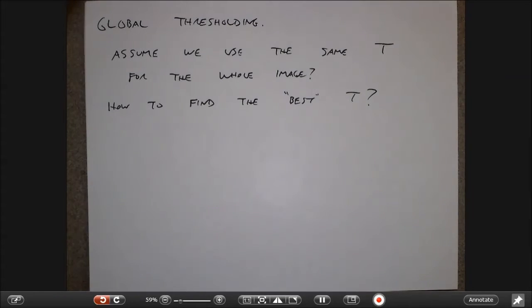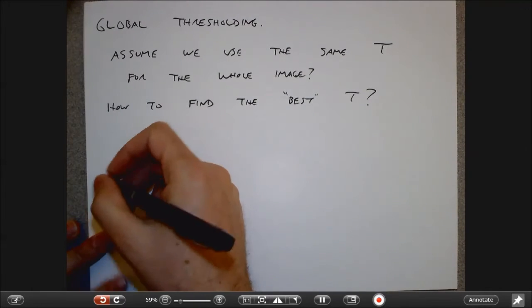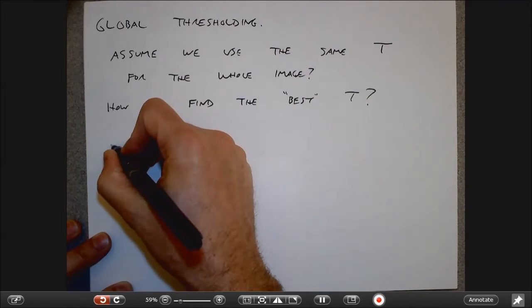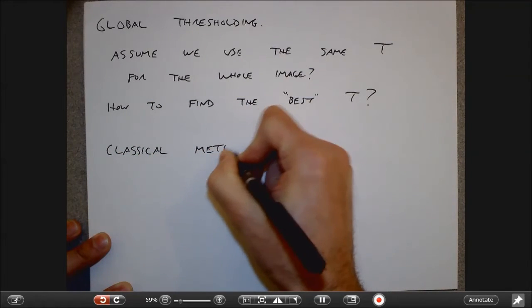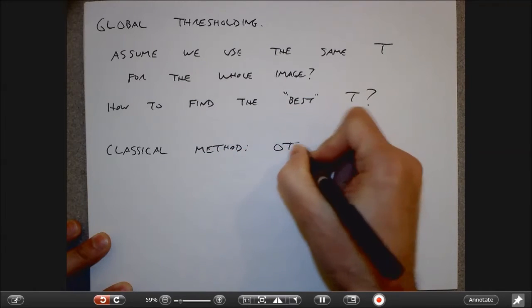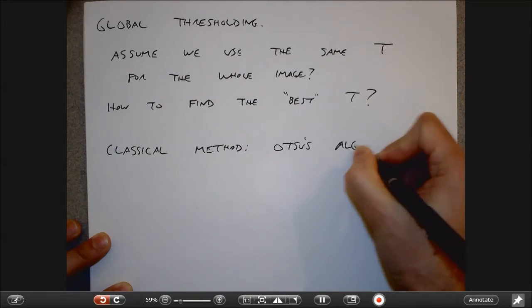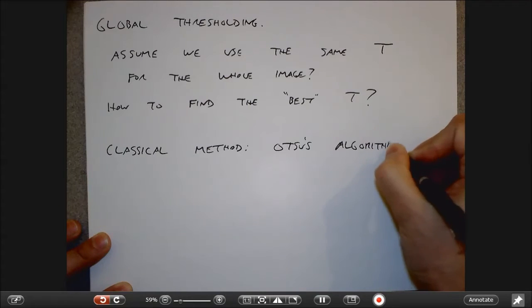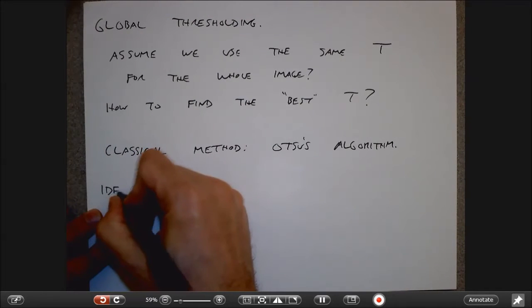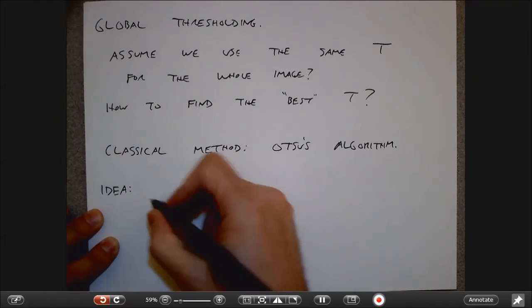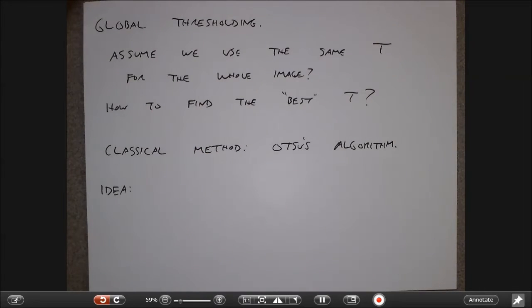And I think the easiest way to do that is an algorithm called Otsu's algorithm, okay? So basically a classical method for doing this is called Otsu's algorithm. Okay, and so what is the idea? The idea is to say, okay, we're going to try to split the pixels in the image into two classes, okay?